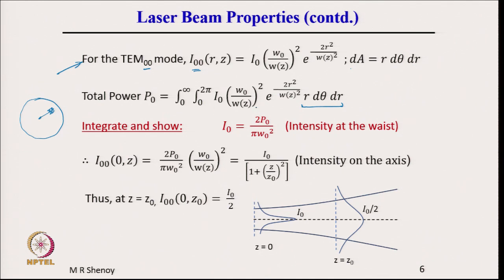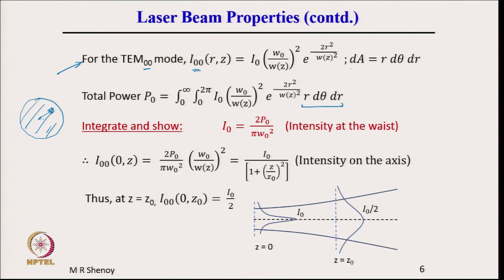So, this is dA, written here as r dr d theta. Intensity into dA integrated over the entire cross section will give us the power. Entire cross section means what? R goes from 0 to infinity and the angle theta goes from 0 to 2 pi, so you integrate.